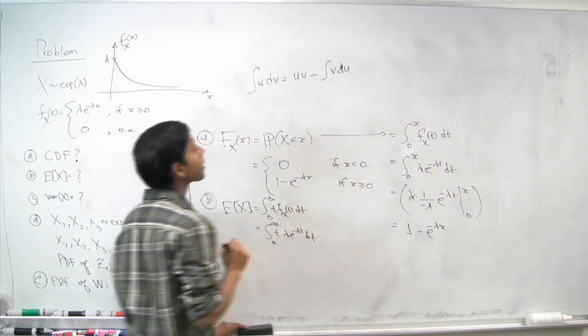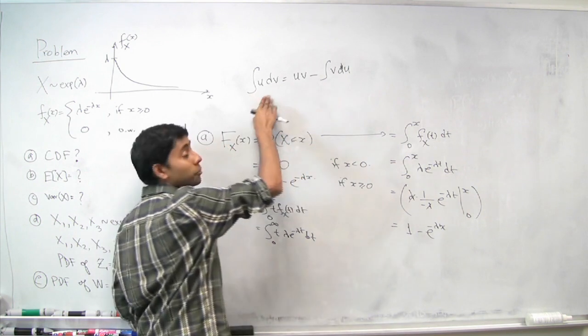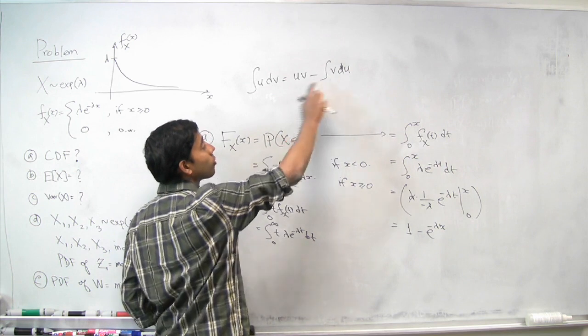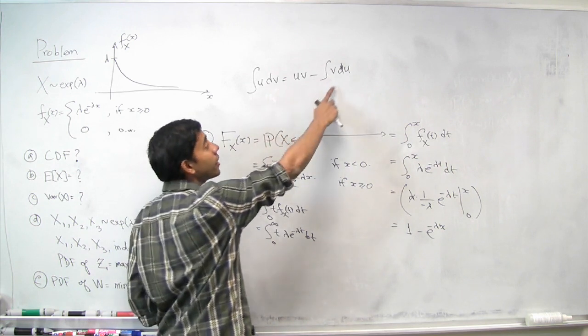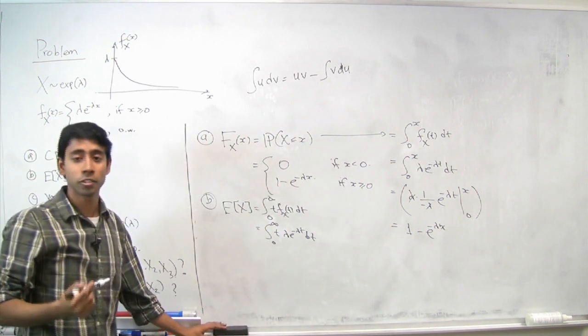the integral of u dv equals uv minus the integral of v du. The hope is that this integral is going to be easier than the one on the left. Notice that this is the integral of one of the terms here, and this is the derivative of one of the terms. That may help you decide how to select u and v.